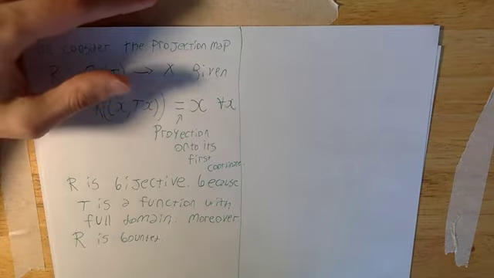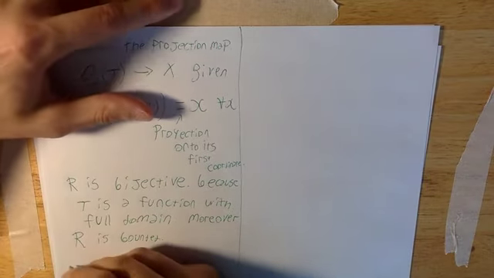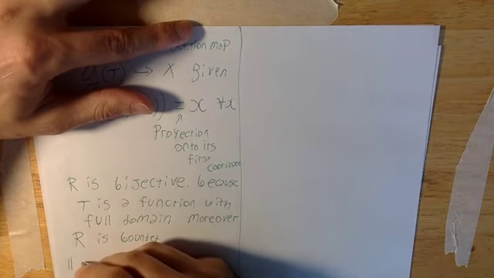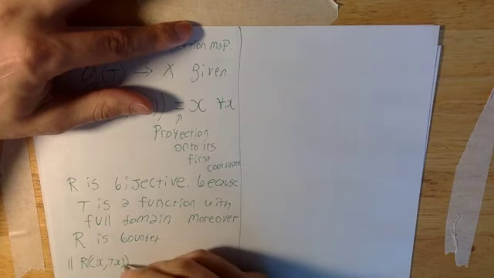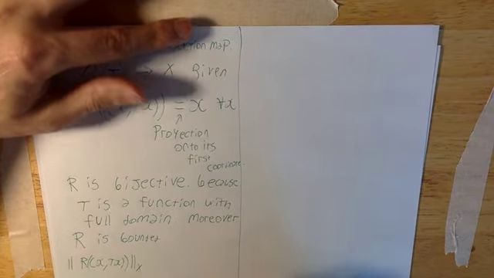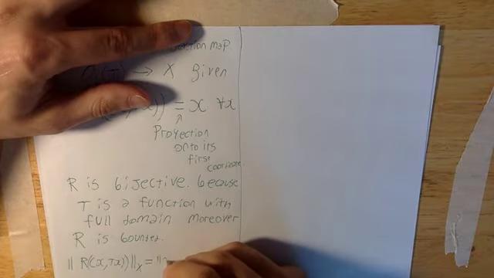So how do we show that R is bounded? Now we take the norm of R of (x, Tx), and this is just the norm of x.